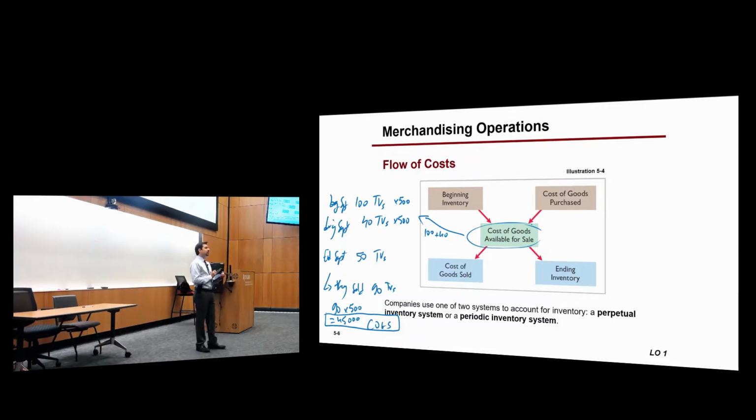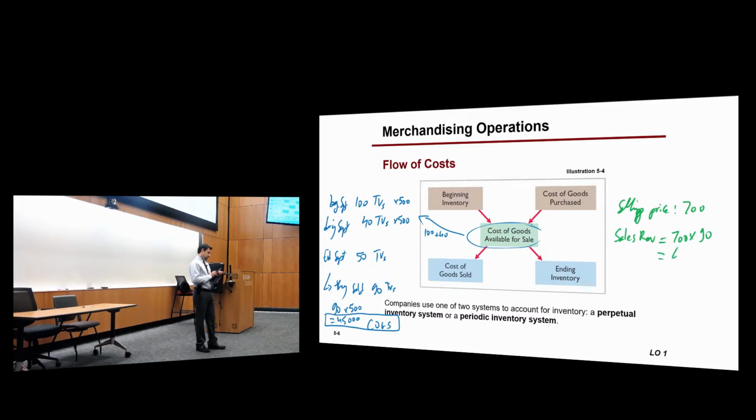So, for example, let's say that the company sold the TVs for, so selling price was $700, right? In this case, they sold. So their sales revenue would be, this is really nice, sales revenue is equal to 700 multiplied by 90 TVs, right?